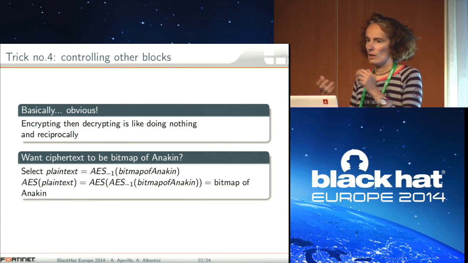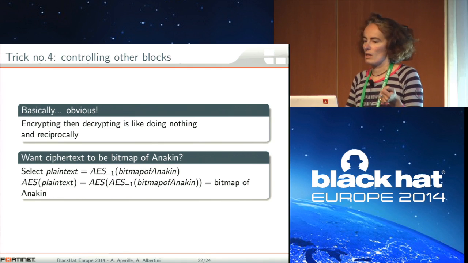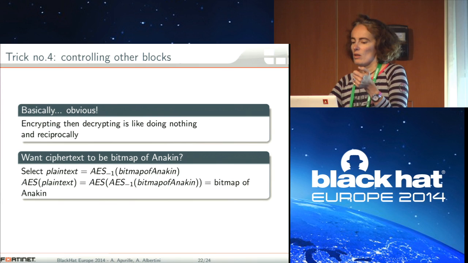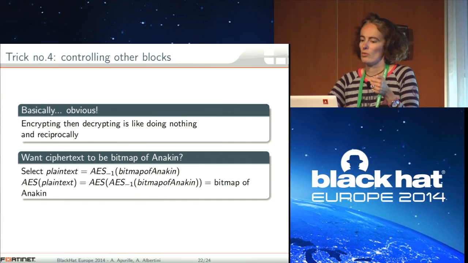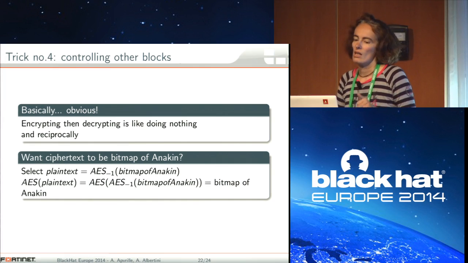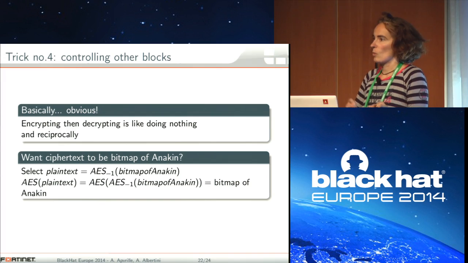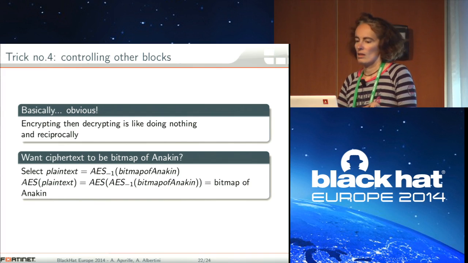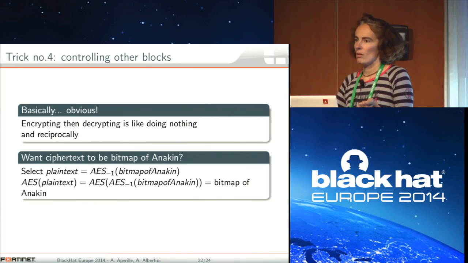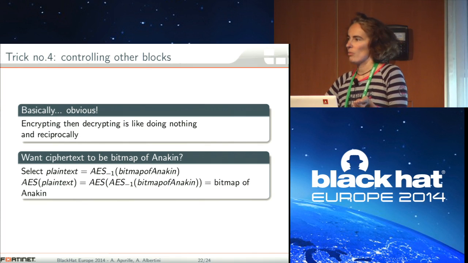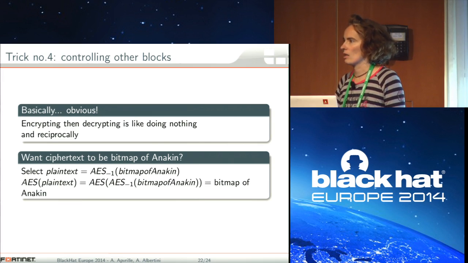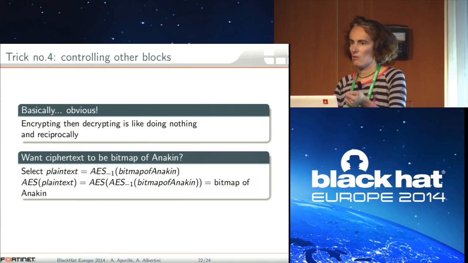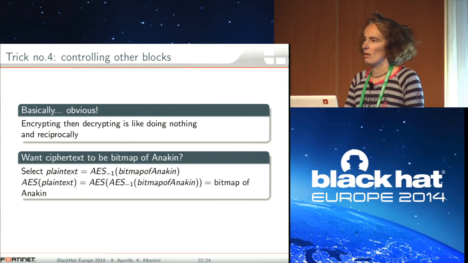So how can we achieve that? Well, if we select our plaintext to be the decryption of those pixels, like decrypt bitmap of Anakin, then when we re-encrypt it, it will be encrypt the decrypted bitmap of Anakin. And that equals, of course, the bitmap of Anakin Skywalker. So that's how we can get the result we want.